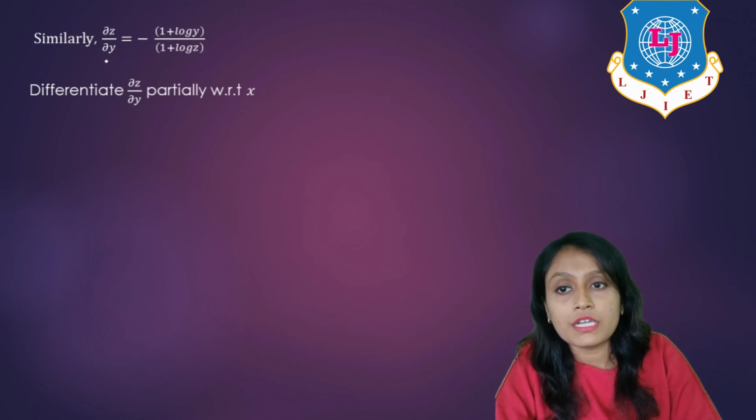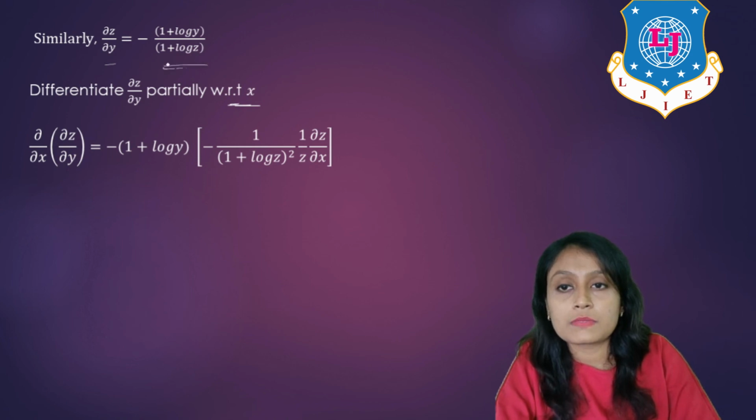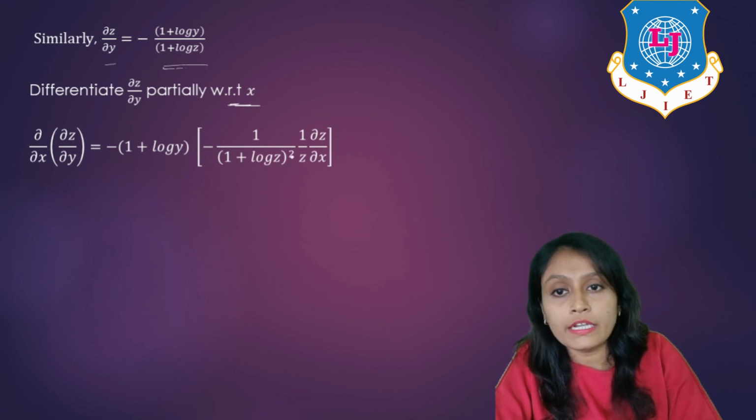Okay, next one. Now we will differentiate this del z by del y with respect to x. So we will get here del by del x of del z by del y. Okay, now we will differentiate this term with respect to x. So y will remain constant. So minus 1 plus log y as it is, and derivative of this term is minus 1 upon 1 plus log z whole square into, we have to apply chain rule in this, right? So derivative of 1 is 0 and log z is what? 1 upon z into del z by del x.